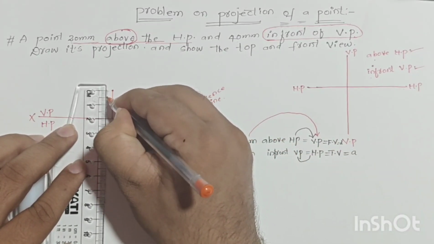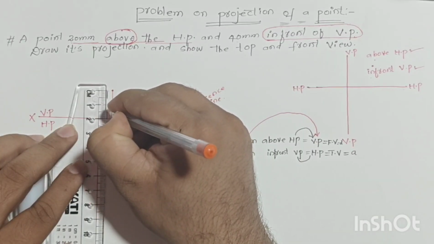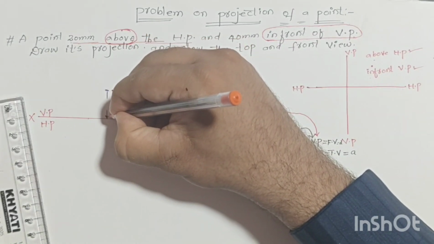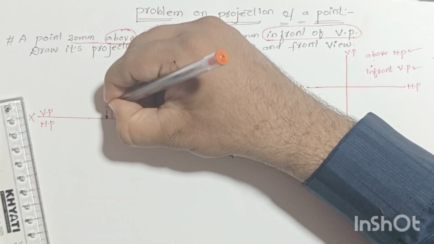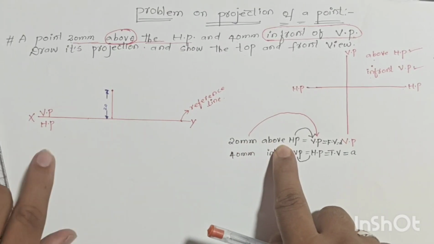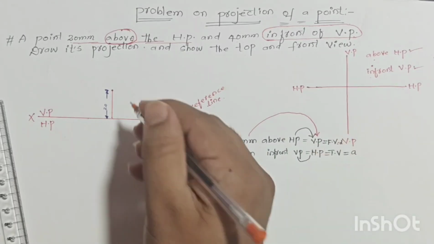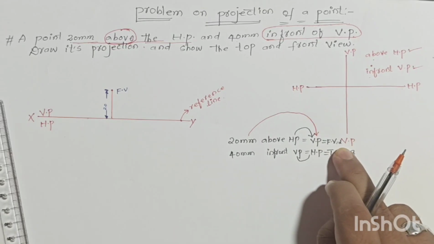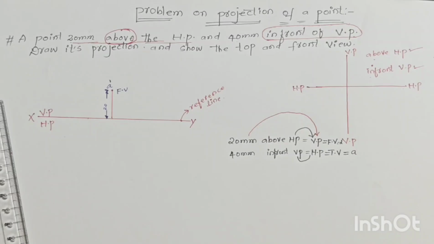How much do we have? 20 millimeter. This 20 mm above the HP means it is resting on VP. VP is the front view. So this point, in the front view, is represented as the point A dash. Clear? Next one.